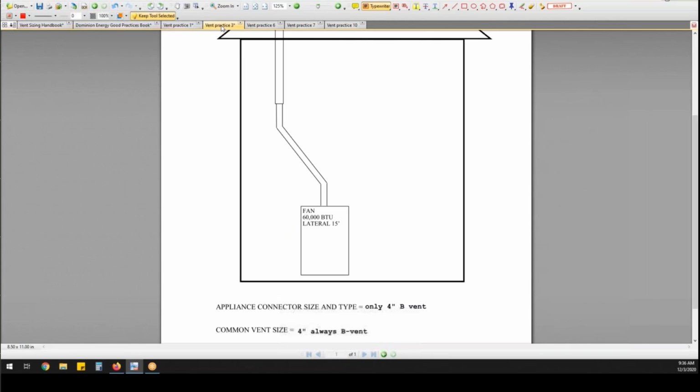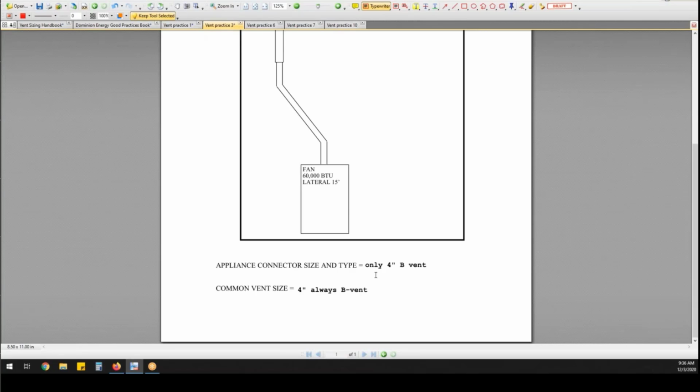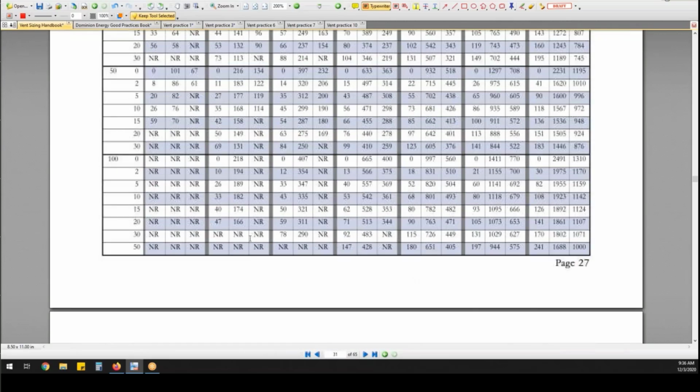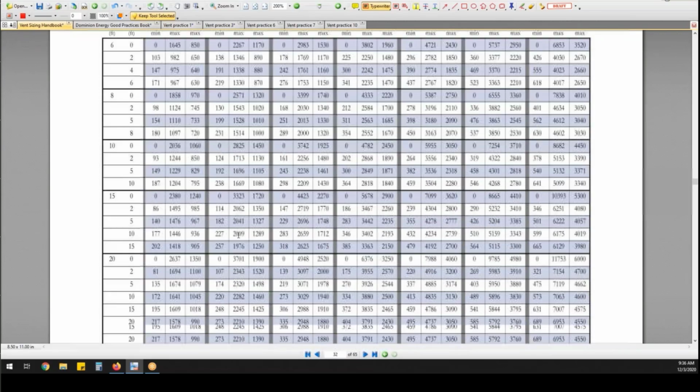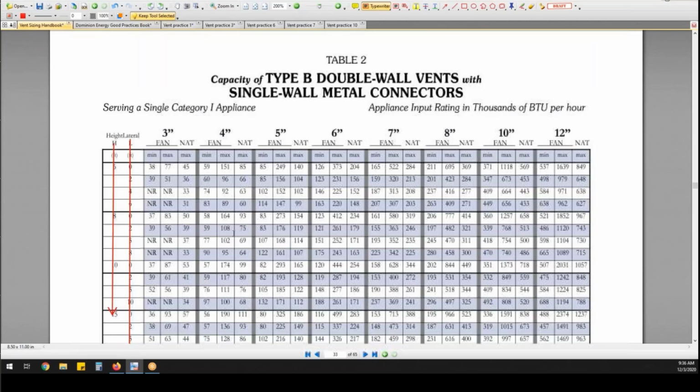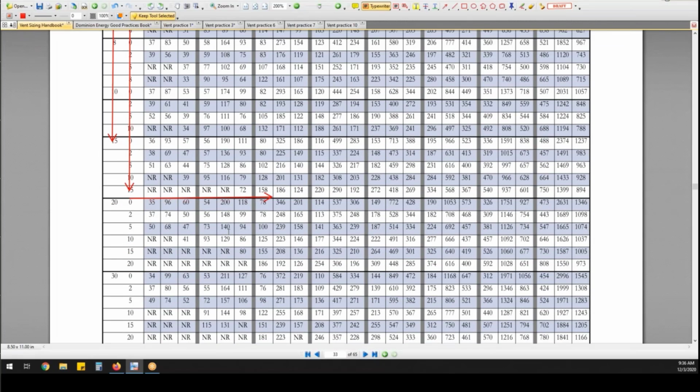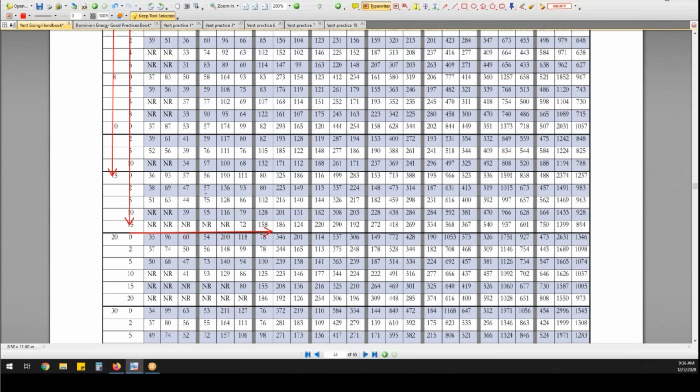The main stack would be 4-inch and the connector would be 4-inch. And in this case, we found out we could not change the connector. So what we run from the appliance to the main stack, it can't be single wall because the charts showed us when we tried to go down to do single wall, because we wanted to save money. At the end of the day, that's all it's about, is trying to save some money because B-vent's expensive.